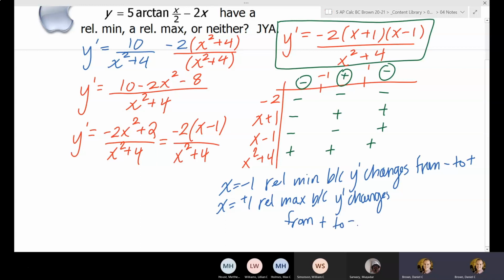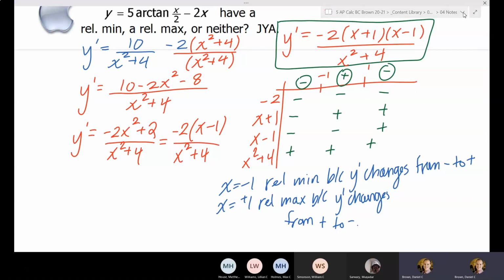Again, you didn't have to do the first derivative test. I did, since I didn't feel like finding the second derivative, because that would have been just more algebra. But you could have found the second derivative and then done the second derivative test as well. Any questions on that problem?